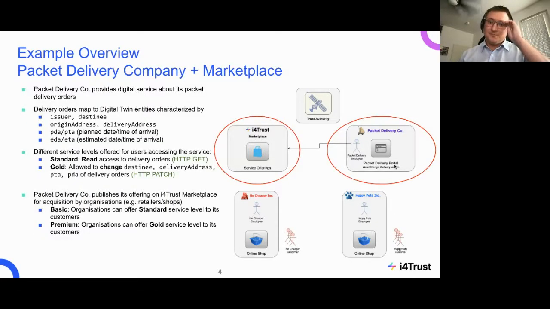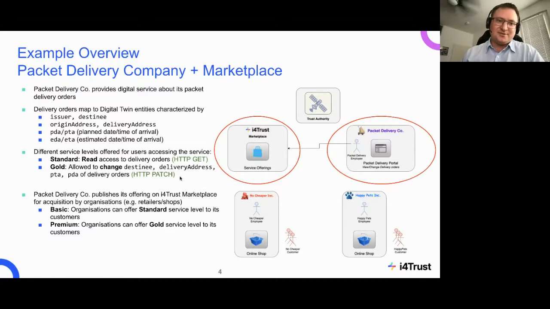About the packet delivery company, you have seen that it provided a digital service about its packet delivery orders. Technically, as I said, there's a context broker in the background holding entities of type delivery order, which are characterized by specific attributes like an issuer, origin and delivery addresses, and planned date and time of arrival, and also an estimated date and time of arrival.